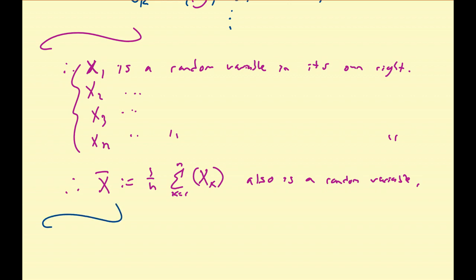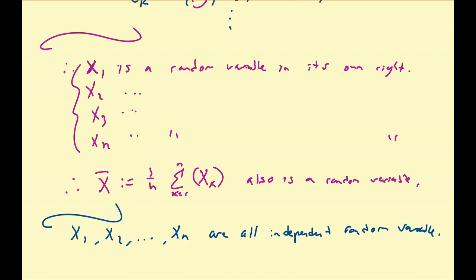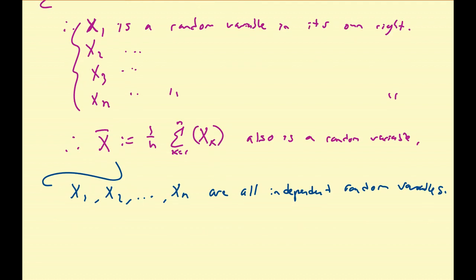So let us quickly summarize a couple things that we know. So x1, x2, all the way out to xn are all independent random variables. So that's the first thing that we know. Also, x1, x2, all the way down to xn are all identically distributed.